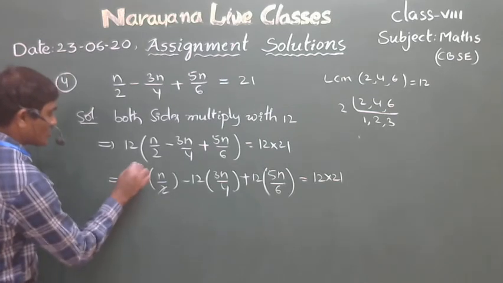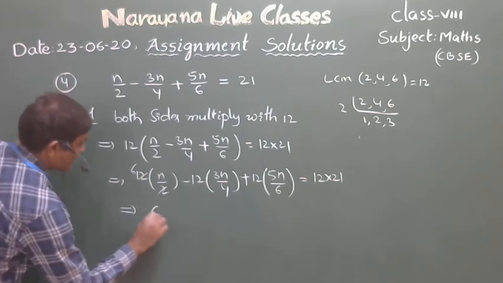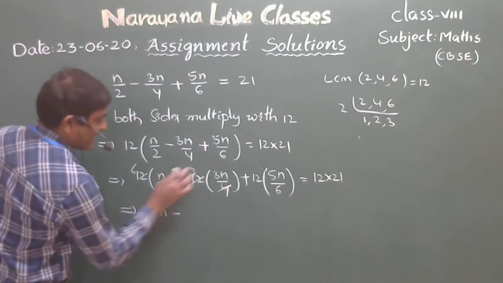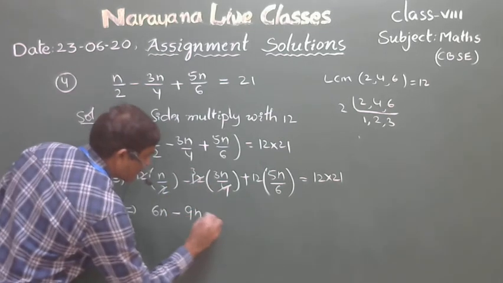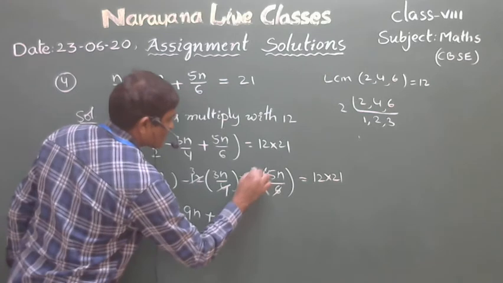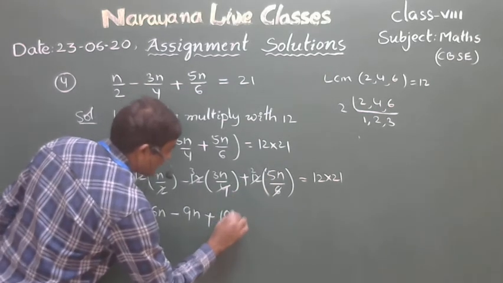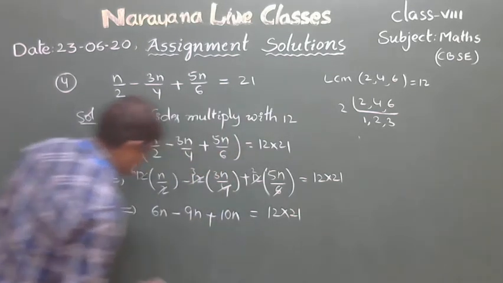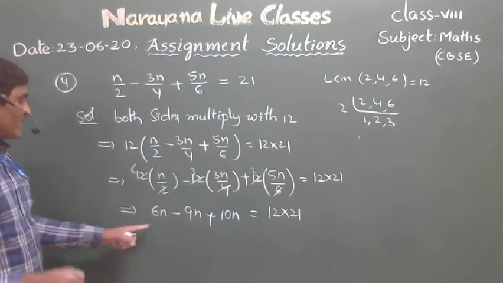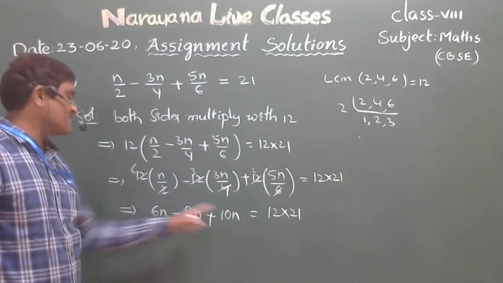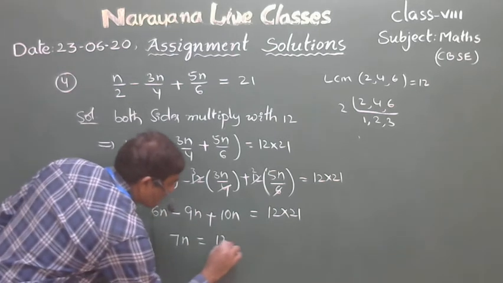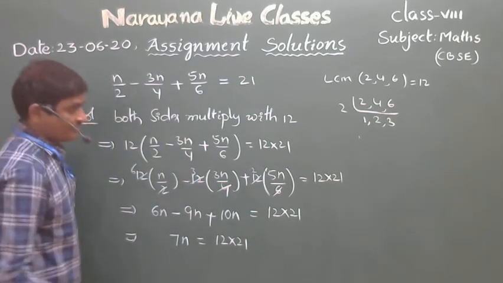Now 2 ones are 2, 2 sixes are 6n, minus 4 ones are 4, 4 threes are 12, again 3 threes are 9n, plus 6 ones are 6, 6 twos are 12, 2 fives are 10n, is equal to 12 into 21. So here see, positive values 6n, 10n, 16n, 16n minus 9n is 7n, 7n is equal to 12 into 21.